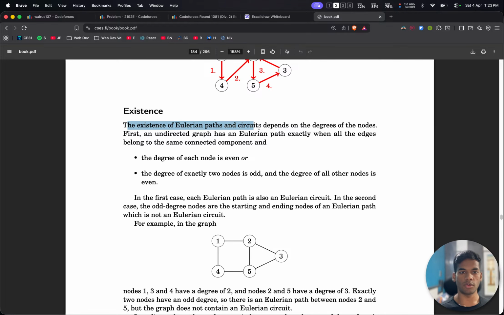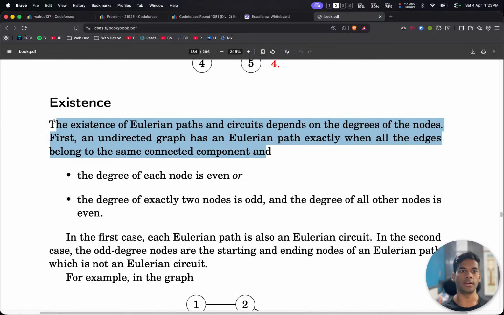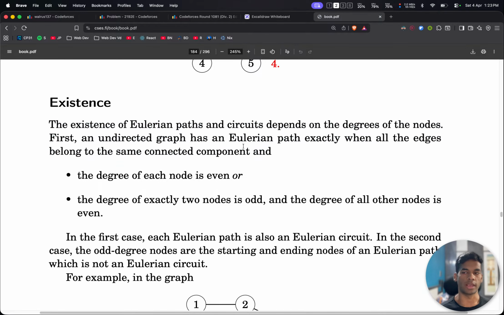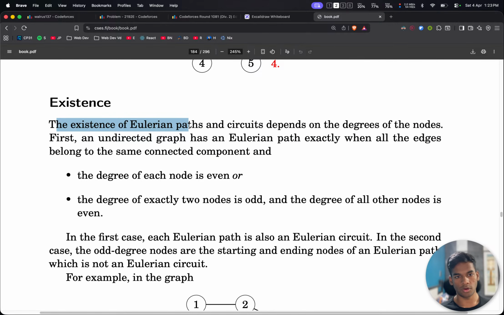The existence of Eulerian paths and circuits depends on the degree of the nodes. First, an undirected graph has an Eulerian path exactly when all the edges belong to the same connected component. Okay, makes sense. The existence of an Eulerian path and circuit depends on the degrees.